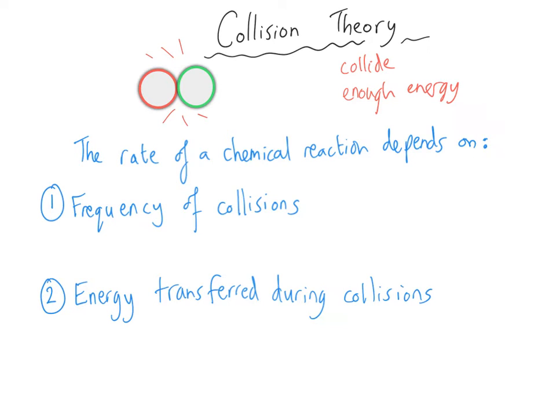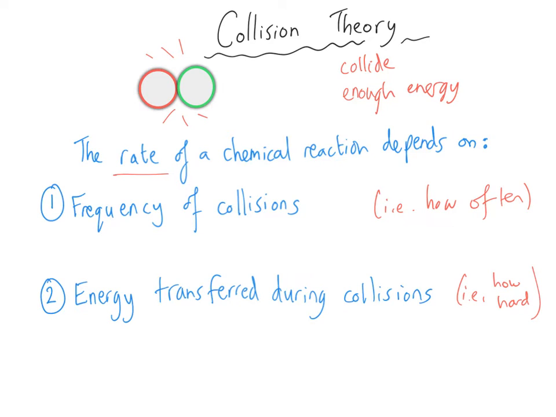So in slightly more formal terms, the rate of a chemical reaction depends on the frequency of collisions, in other words, how often they collide, and the energy transferred during these collisions, so in simple terms, how hard they collide, how forcefully they collide.